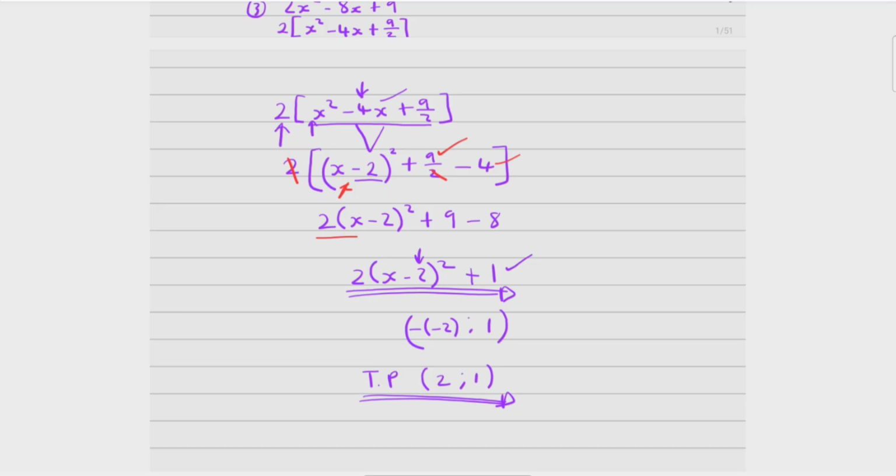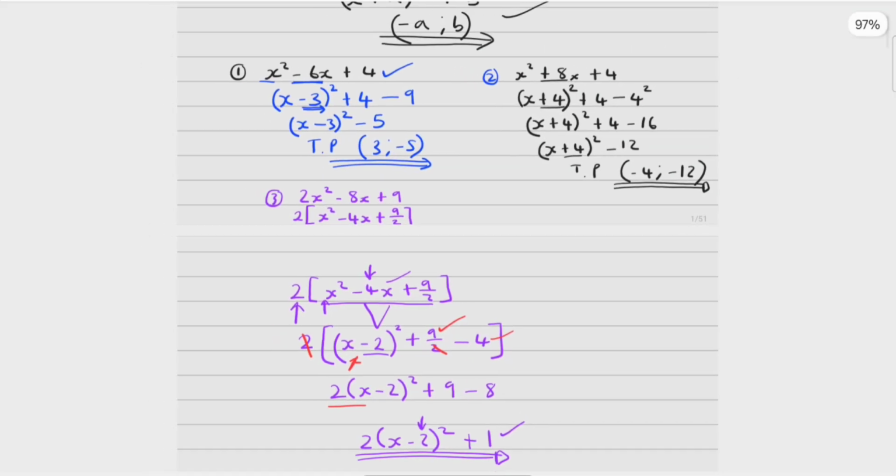So now that we know how to complete the square and get the turning point of a quadratic expression, or a curve rather, we can go ahead and make general sketches of these graphs, right? For example, these ones that we've just been using.